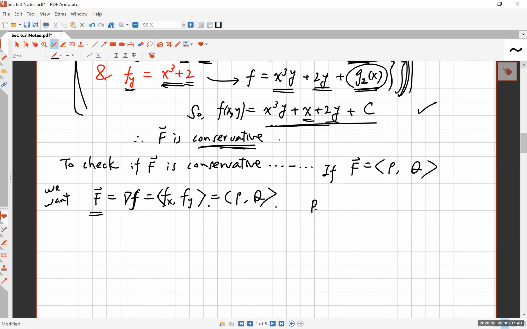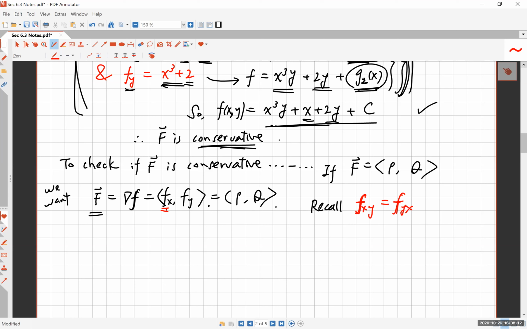Okay. Now recall, we had some wonderful result. Okay. The fact that fxy must be equal to fyx. Now, this is true for almost all kinds of nice functions. In fact, for our purposes in calculus 3, for pretty much every function, lowercase f, that we consider, fxy is equal to fyx. Okay, so this is one of those things that we learned earlier when we talked about partial derivatives.